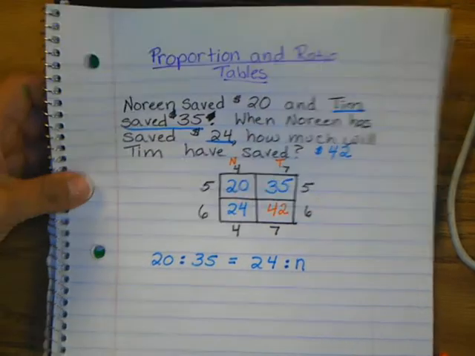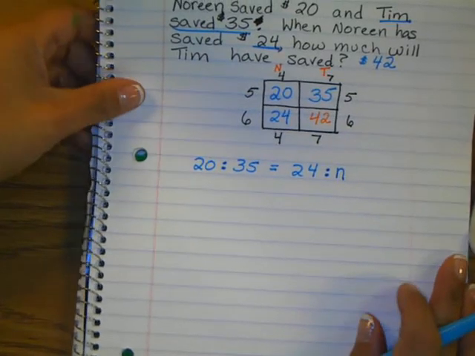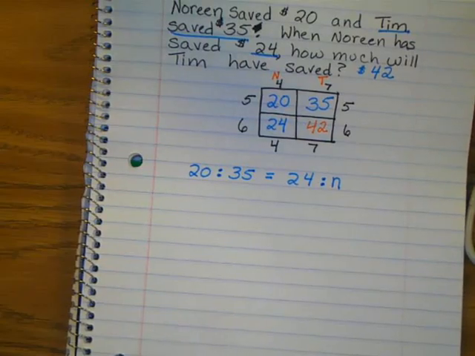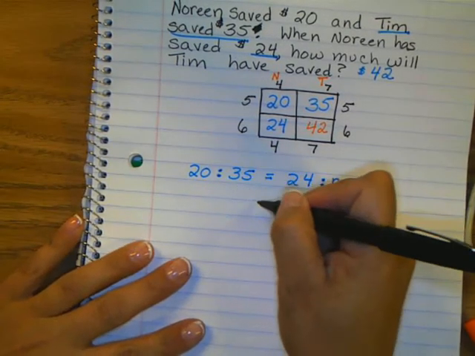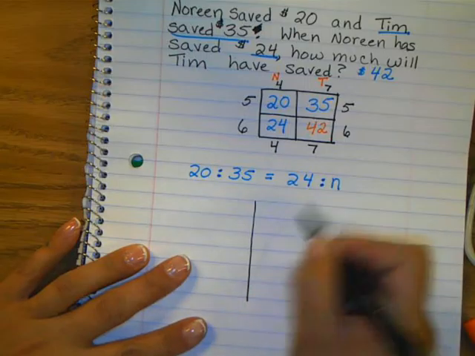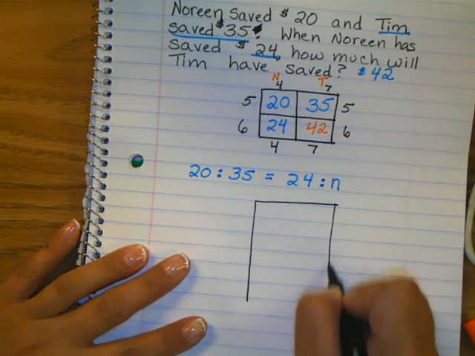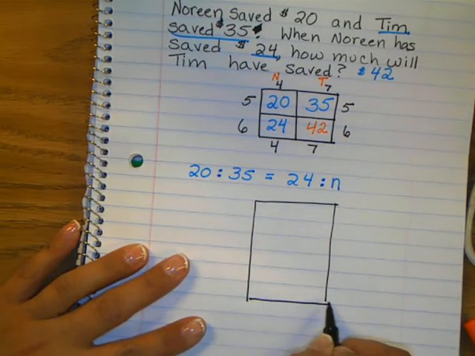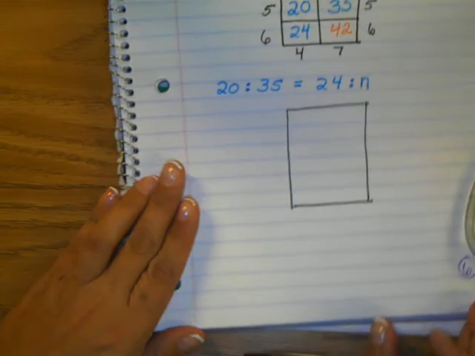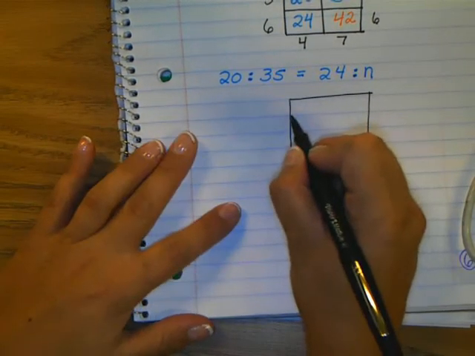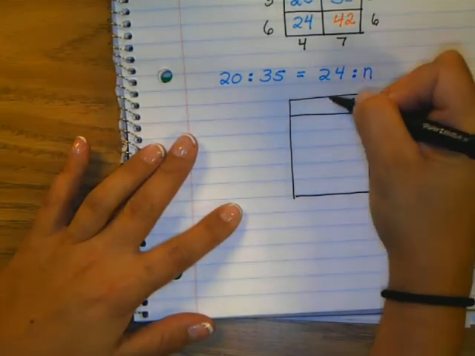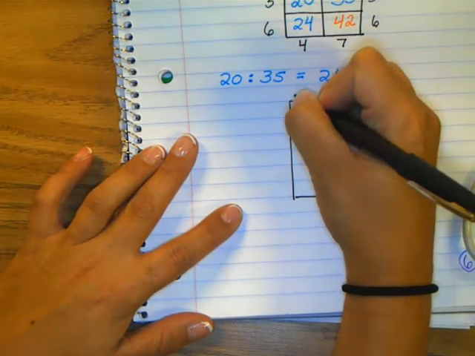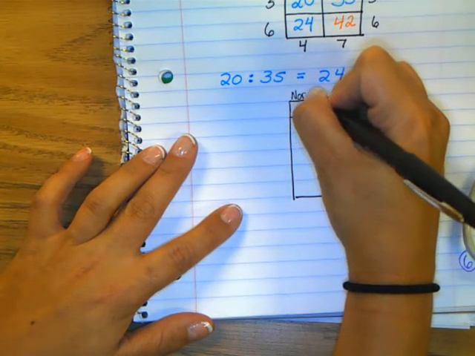The next thing I can do is sketch a ratio table. What I can do is just quickly draw my table. If I put my paper up, I think I can fit it. We're going to have 2 columns: Noreen and Tim.